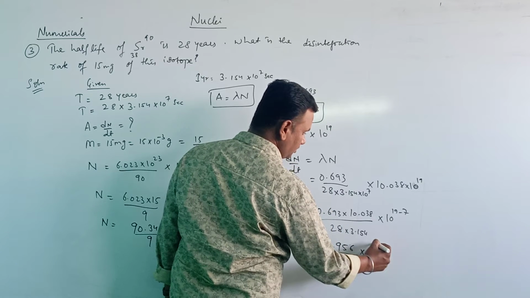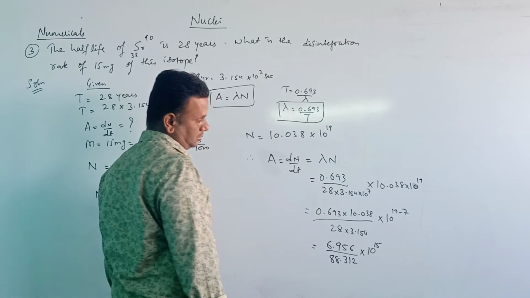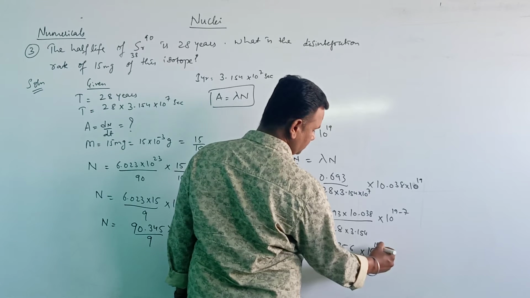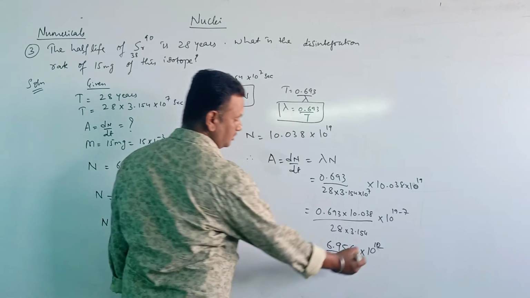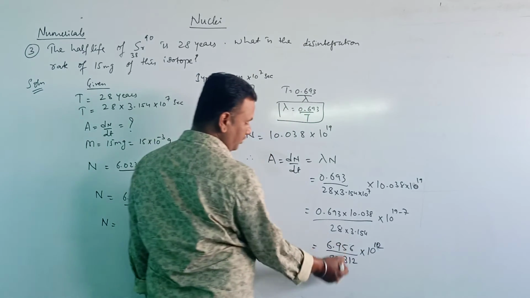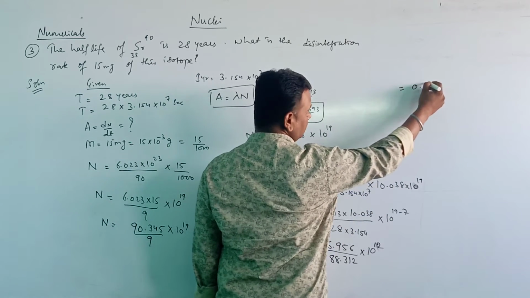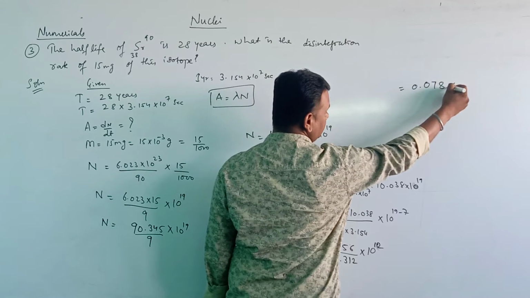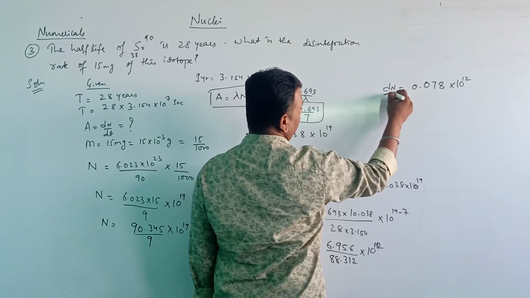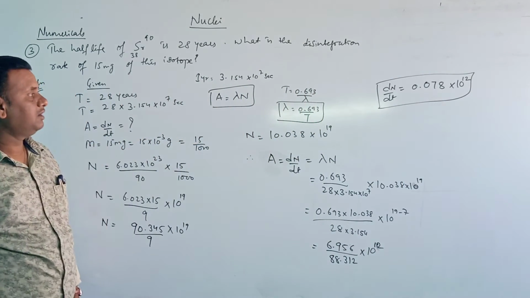Taking it to the numerator, this is 10 to the power of 12. If you divide it, you get 0.078 into 10 to the power of 12, which is the dN by dt value. This is the required answer.